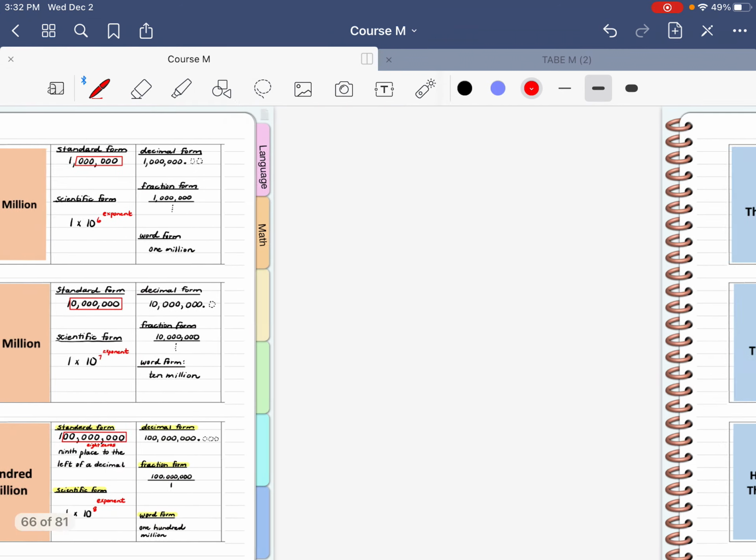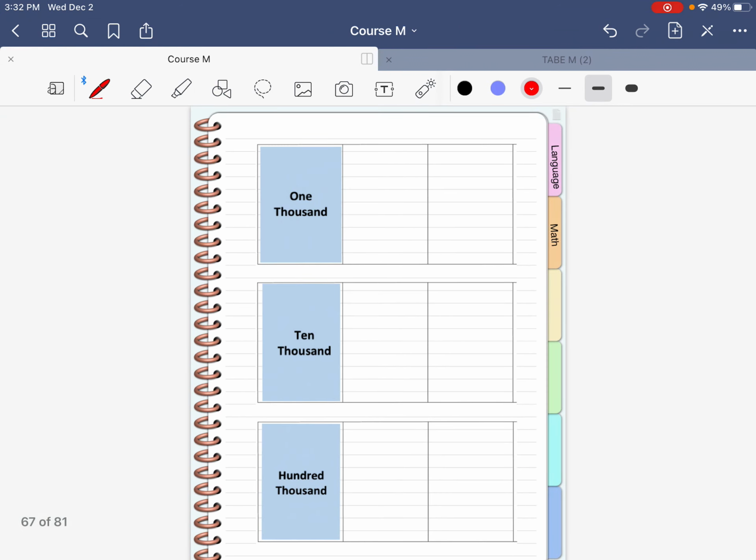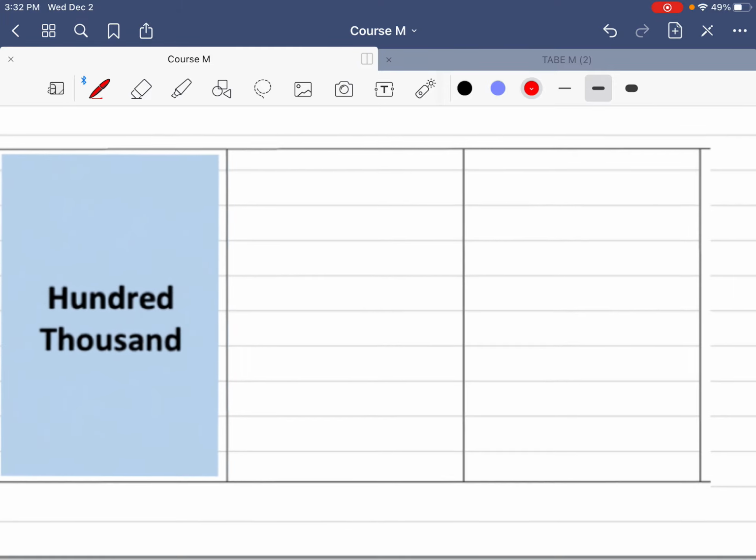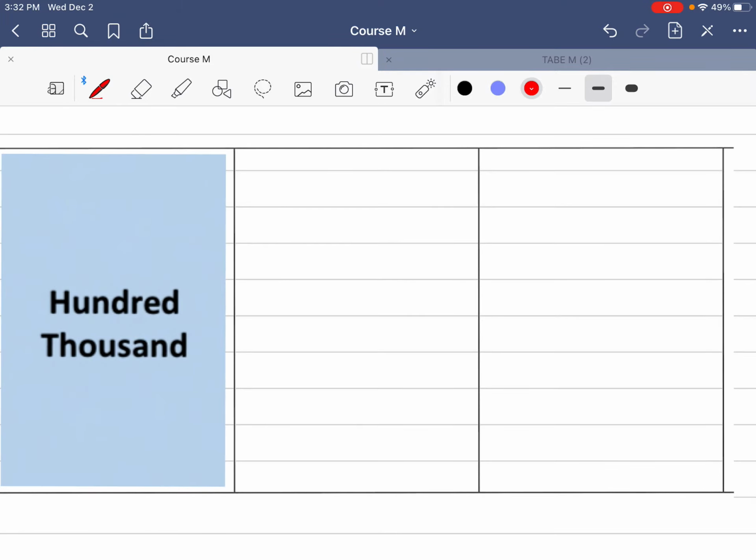Okay, let's take a look at our thousands section. I'm going to start with 100,000. So find that little door and open it up, and here comes standard form. It is a 1 with how many zeros? 5.